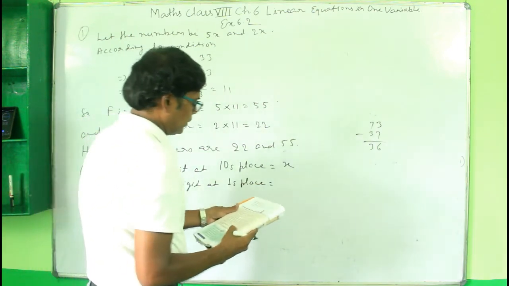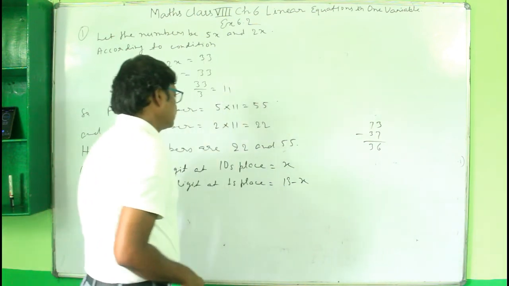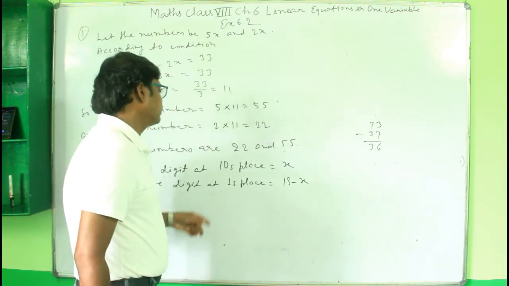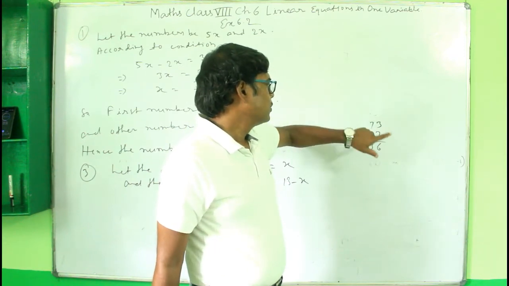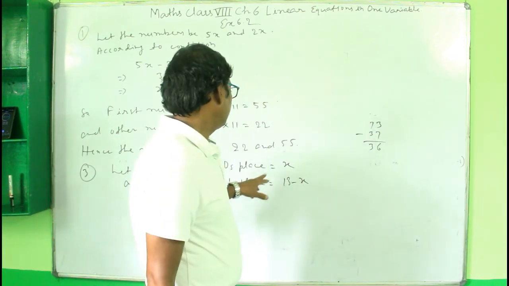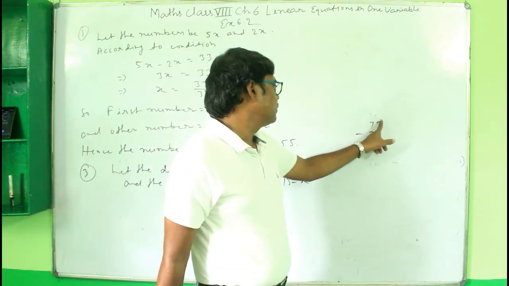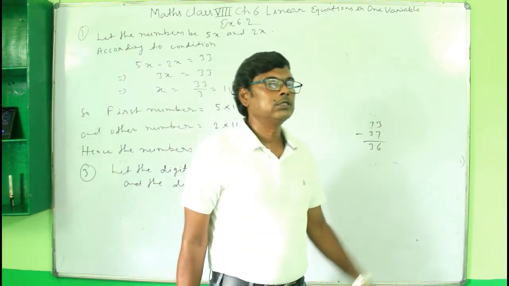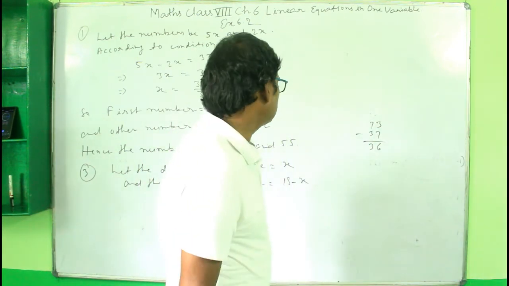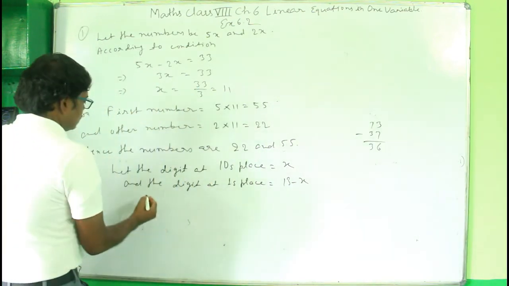It is 13 minus x. Okay, this is the tens place here, and this is the ones place here. So at the tens place there is a digit x, and then the digit at the ones place will be 13 minus x, because the sum of the two digits is given. So if one digit is x, then the other will be 13 minus x. So therefore the two-digit number.